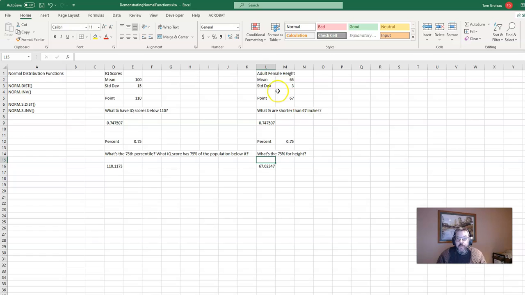And that's important because notice I didn't go a standard deviation, I went 2/3 of a standard deviation. But let's go ahead and go a full standard deviation in both.